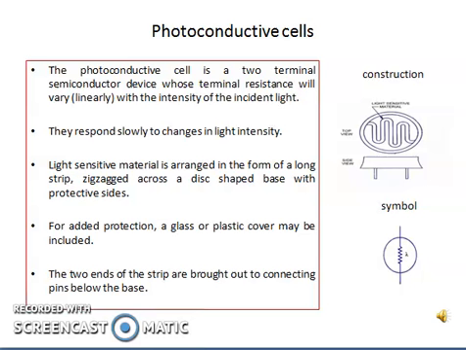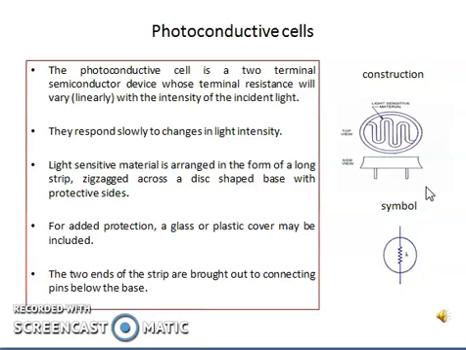The device constructed based upon the photoconduction principle is the photoconductive cell. The photoconductive cell is a two-terminal semiconductor device whose terminal resistance will vary with the intensity of the incident light. They respond slowly to changes in light intensity.